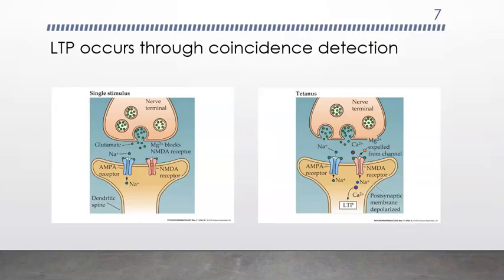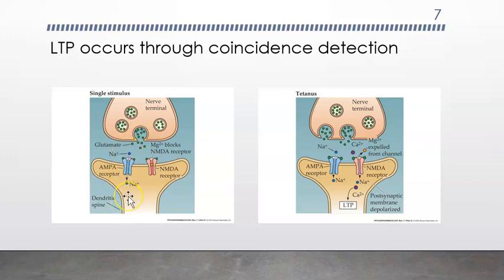So, LTP occurs through what we call coincidence detection. So pretty much what happens, so this is an example of a glutamatergic synapse. So up here we've got that presynaptic glutamatergic neuron. Here are vesicles containing glutamate. On the postsynaptic cell, we have an AMPA receptor and an NMDA receptor. Okay, when only a little bit of glutamate's released, it will act on AMPA receptors and pass through.